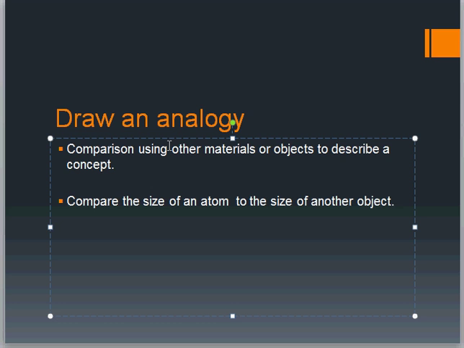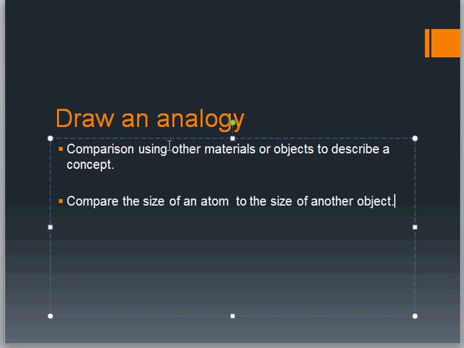Basically, for example, if you were the size of an American football field, what would the size of an atom be? Okay? So something like that. Compare two objects, one large and one very, very small to represent the atom.